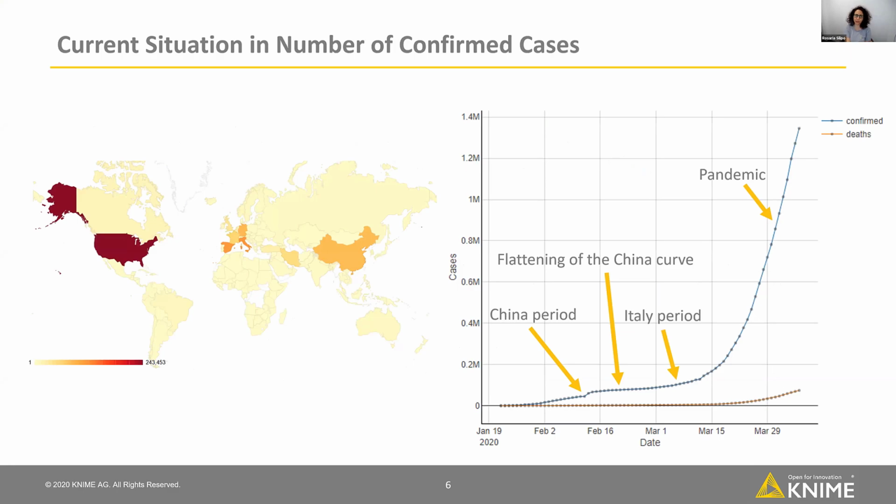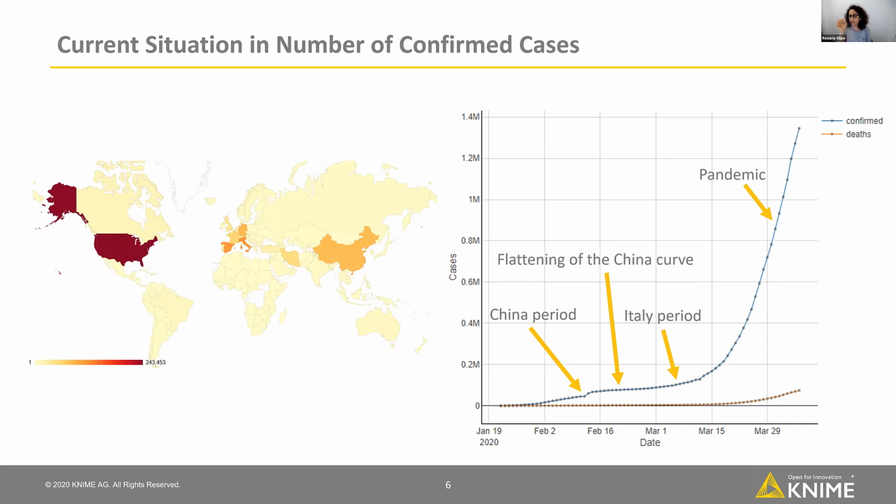Okay, so let's start with the current situation. Everybody knows this curve. It shows the start of the China period, and then you can see this little bump after the China period. That's when the China curve started flattening.